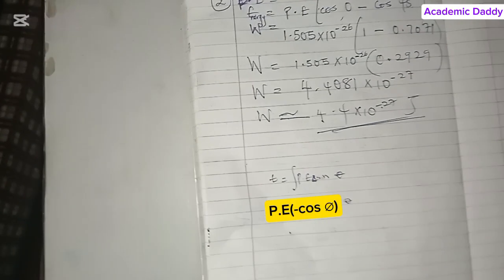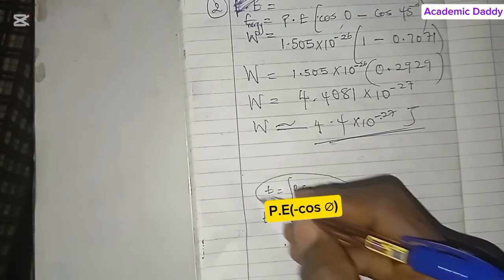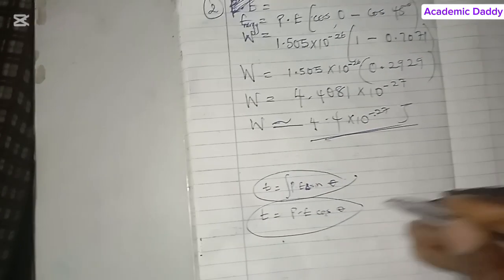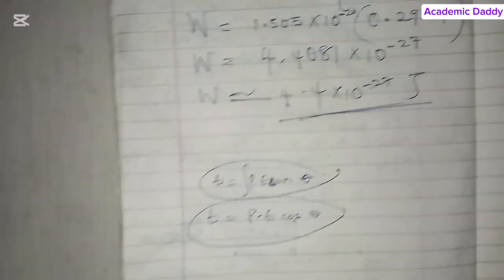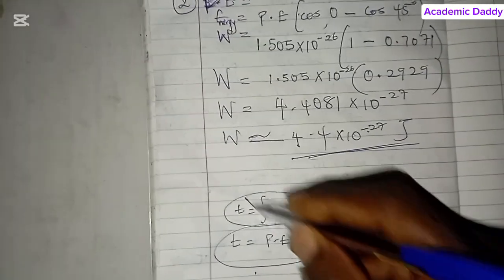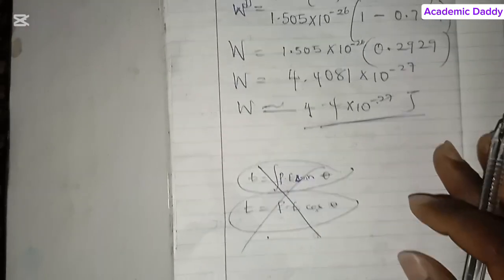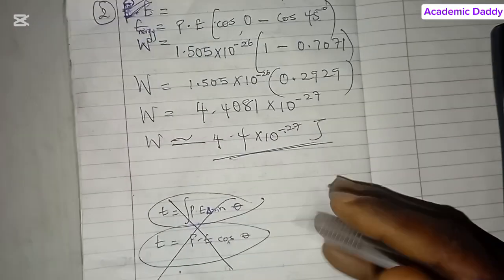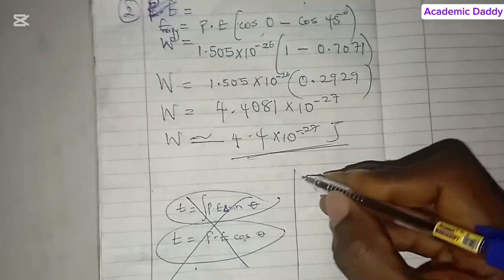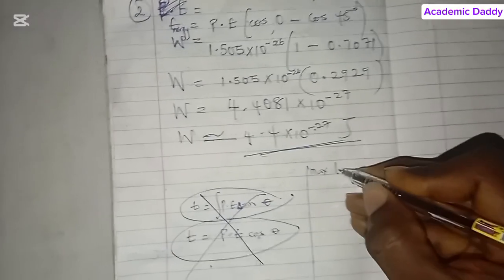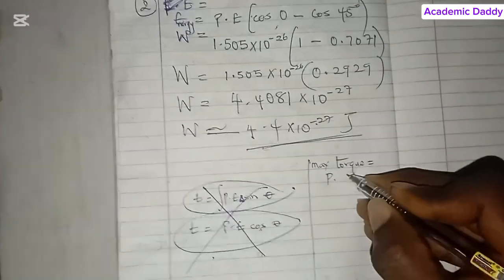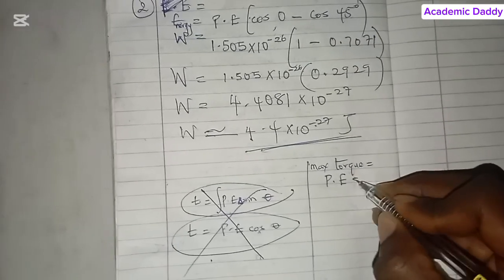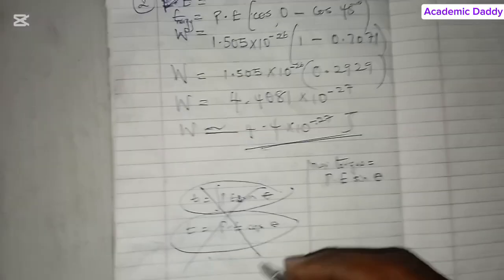I know it will take a lot of calculus to explain this to you. You can check my channel for the calculus class. But I want you to always remember what I've taught you. Overlook this, you see it in textbooks most times. What you always need to think of is simply, at maximum torque, you have dipole moment times electric field times sine theta.